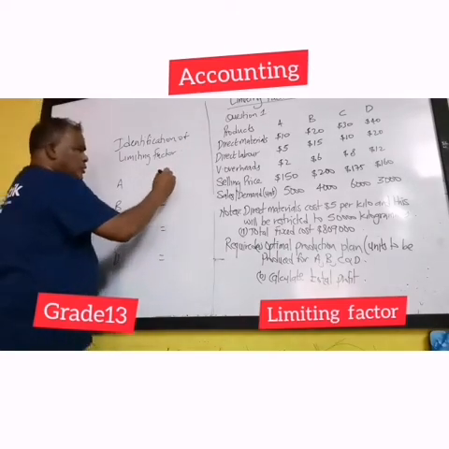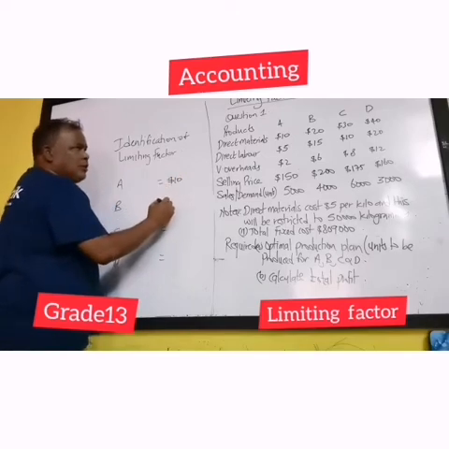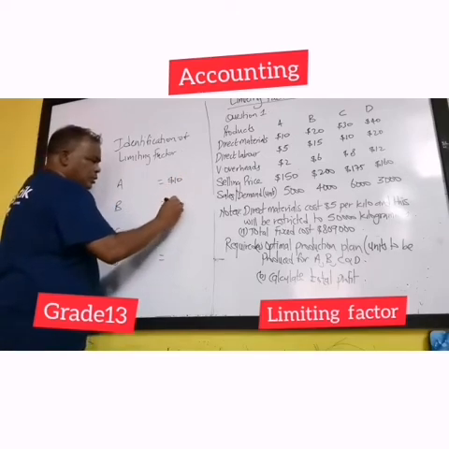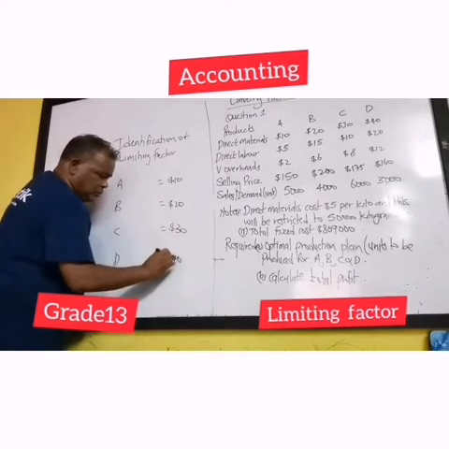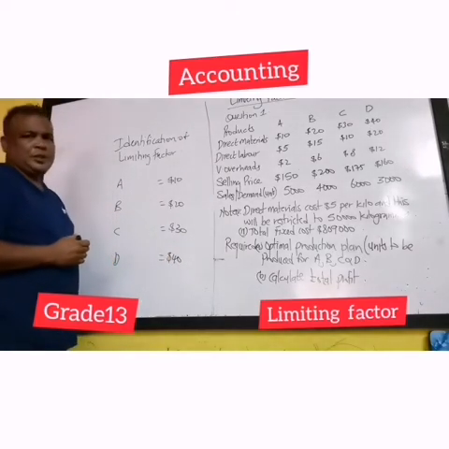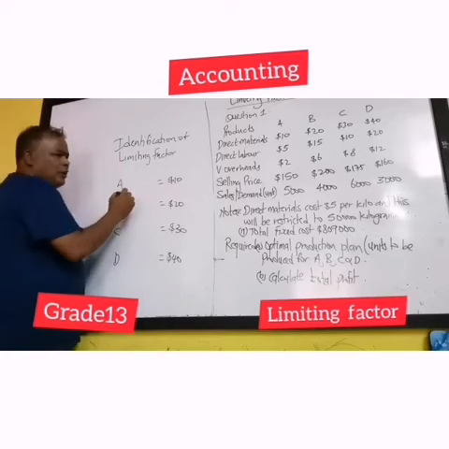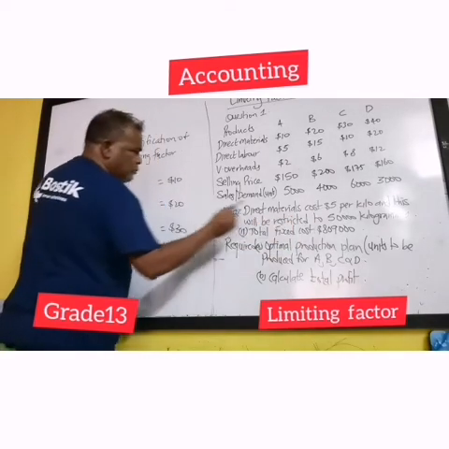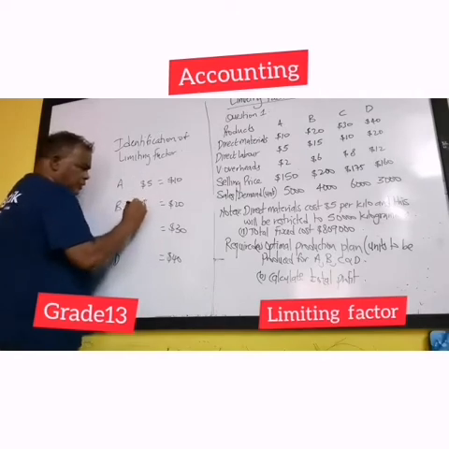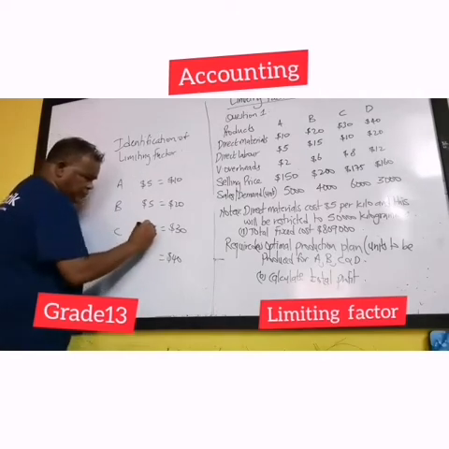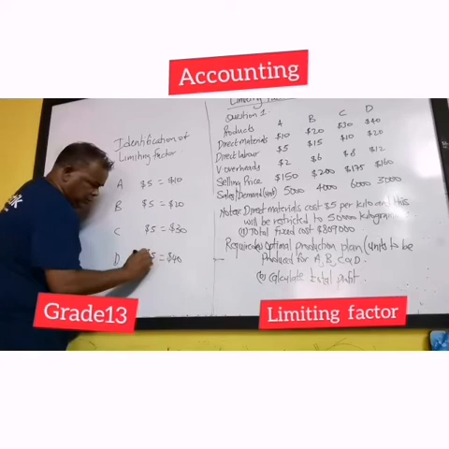Material cost for A, $10. Material cost for B, $20. Material cost for C, $30. Material cost for D, $40. So how much do we have to pay for materials? $5 per kilo for each.